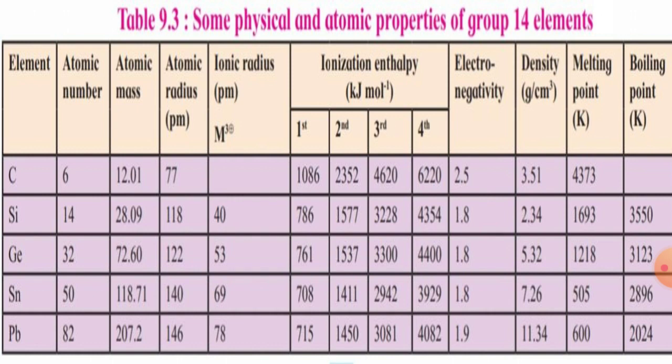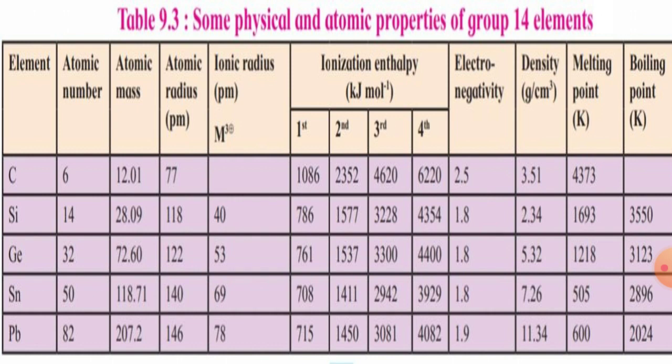The ionic radius is the distance from the nucleus to the outermost shell of an ion. We have studied all these definitions in chapter 7 in detail. Here in the group, ionic radii also increase from carbon to lead.